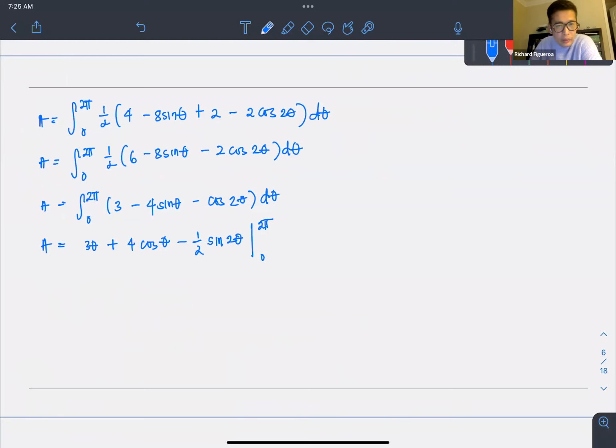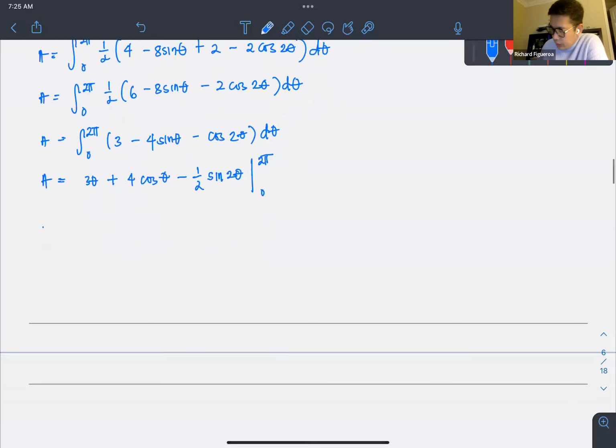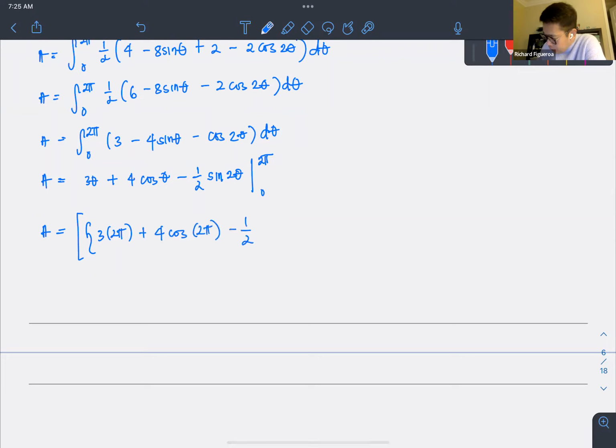Okay, so then we follow. So minus 1/2 sine 2 theta. And then the area, we substitute the upper limit. So 3 theta, so 3 times 2 pi, then plus 4 cosine 2 pi, then minus 1/2 sine 2 times 2 pi.